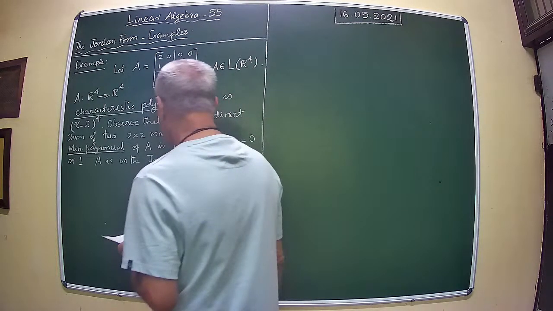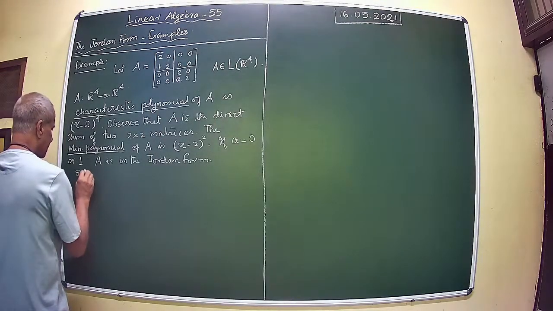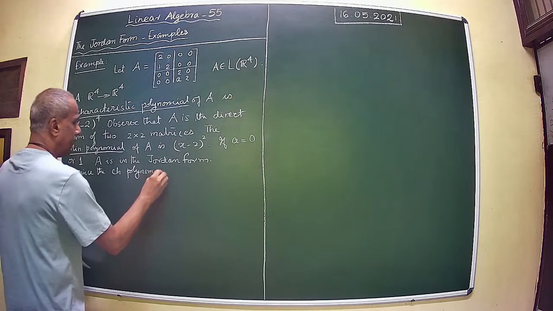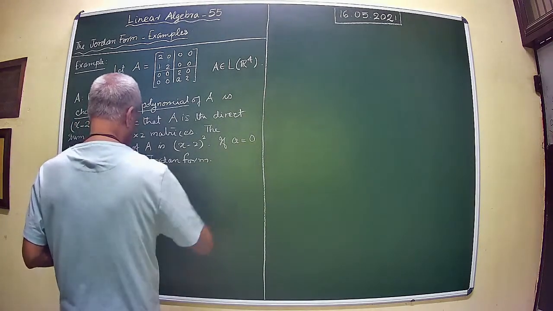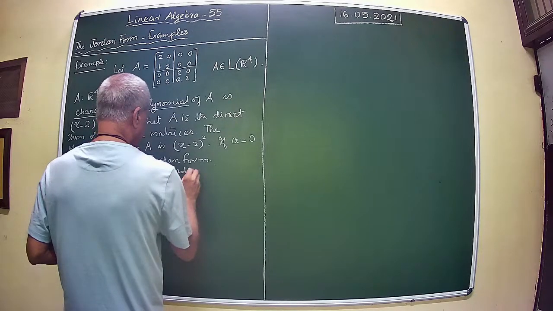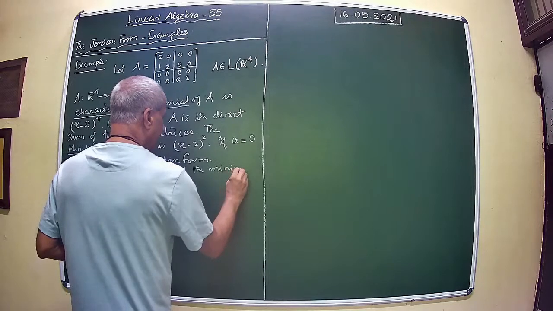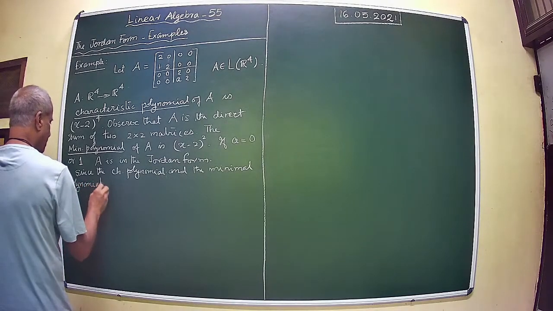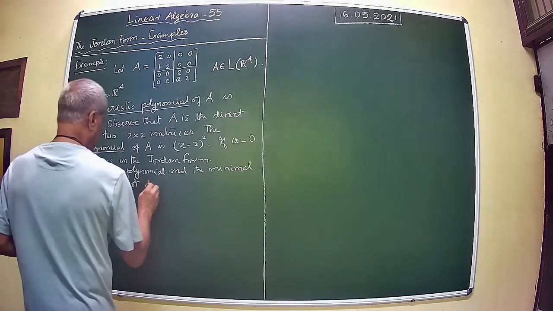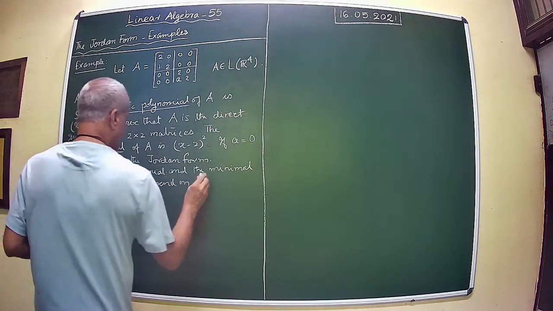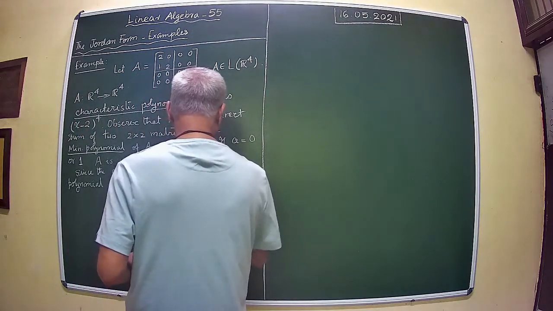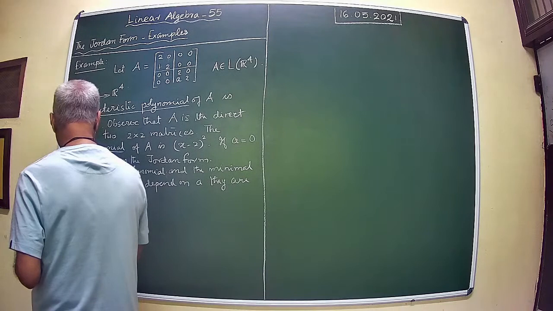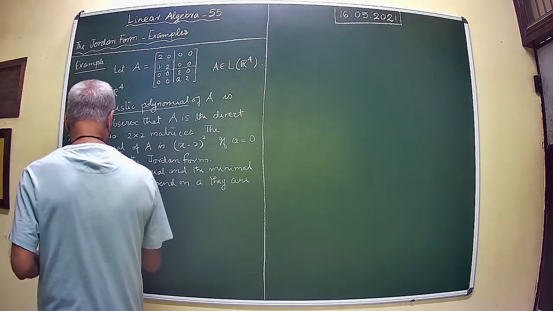Now note that in both the cases, since the characteristic polynomial and the minimal polynomial do not depend on A, they are the same for both. Either case.